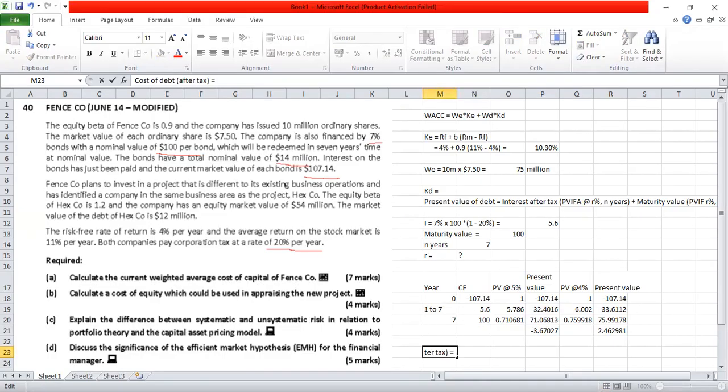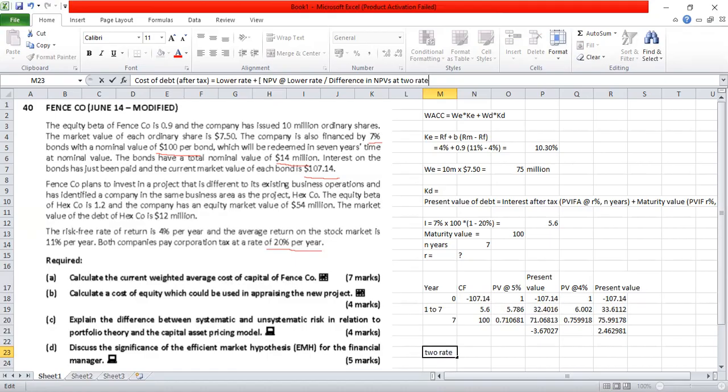What is the formula? We take the lower rate, plus, in bracket, NPV at lower rate divided by the difference in NPVs at two rates.